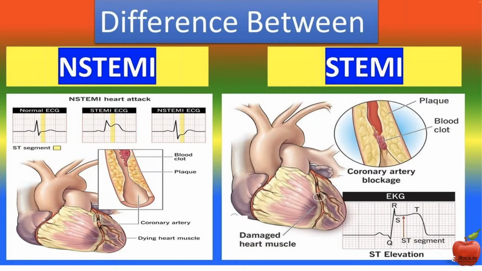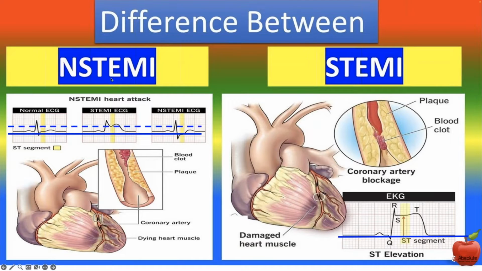So let's get into the business of understanding the differences between some types of infarction. And the two most common types are referred to as an NSTEMI and a STEMI. So on the right, you see a STEMI. I want to draw your attention here. A STEMI is the acronym for ST elevation myocardial infarction.